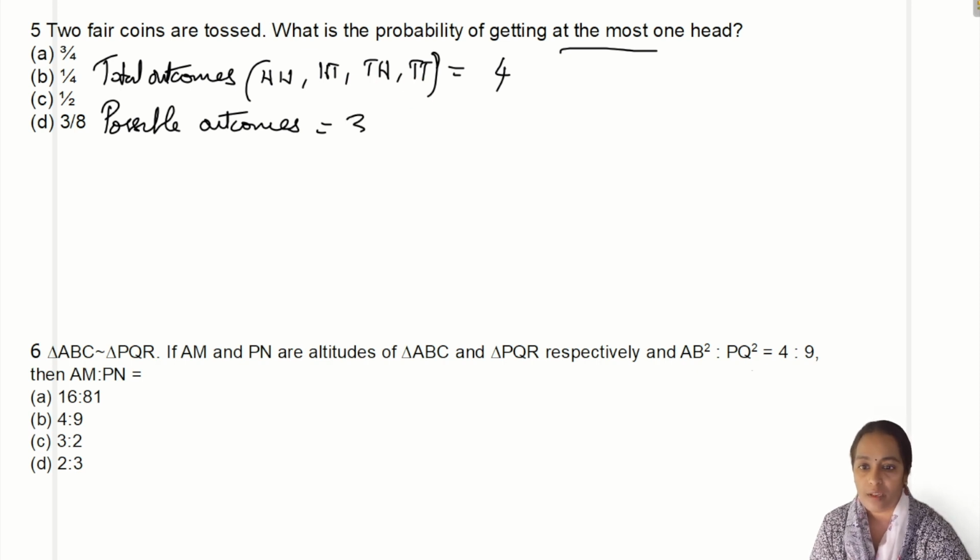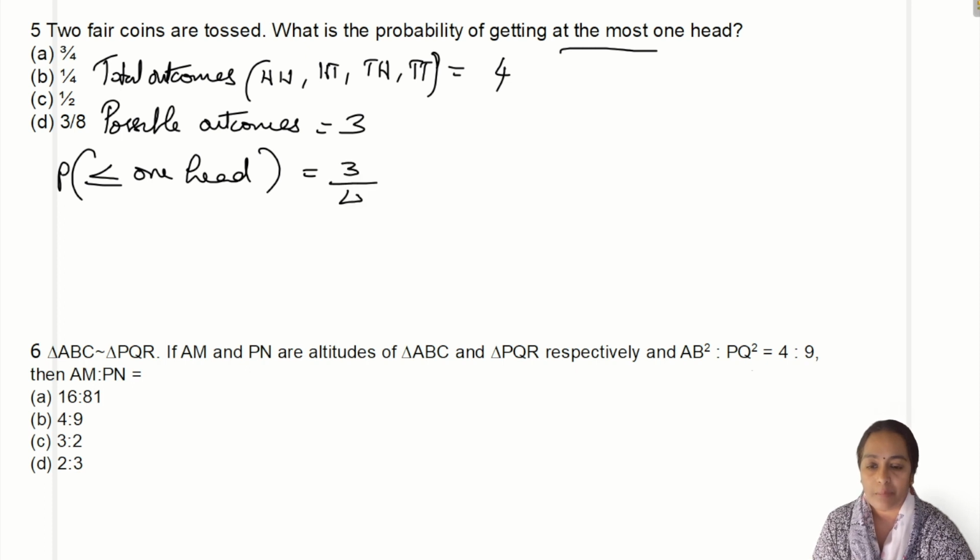So the probability of getting at most one head is 3 divided by 4, because we know the probability formula is possible outcomes divided by total outcomes. Option A is the correct answer.